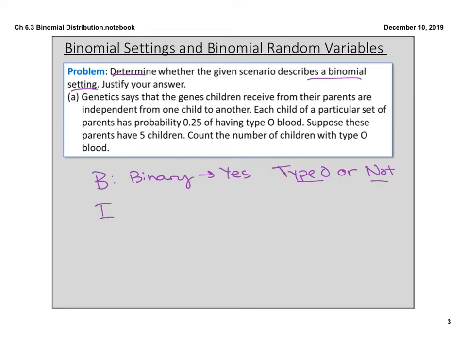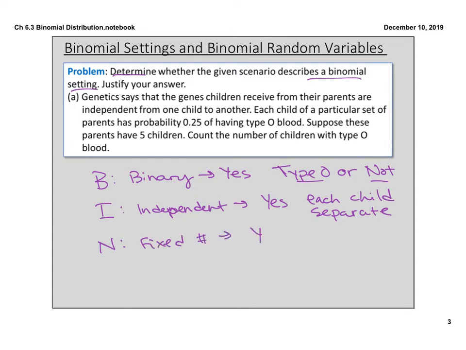How about the I? Independent? That is a yes. One child has no bearing on the next child's blood type. Each child is separate from the next. N, a fixed number?